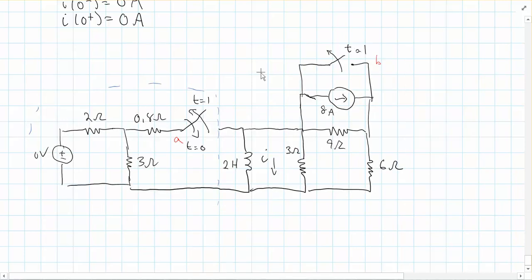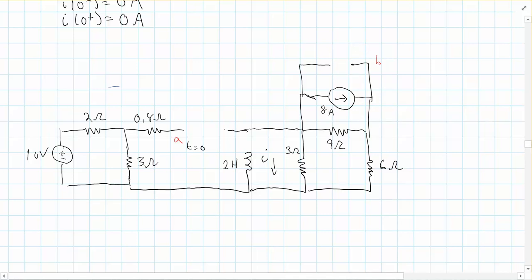So I'm going to modify this circuit a tiny bit. First off, I'm going to erase some of these blue dotted lines that I had. And I erased this, and this is a 10 volt. Then I'm going to erase the switches here because we're going to write what state they are.